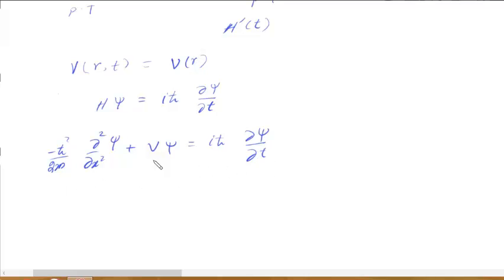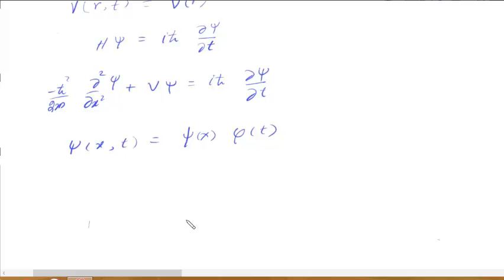Now for separation of variables, we consider the capital psi, which depends on both x and time, and we write it as small psi, which depends only on x, times phi, which depends only on time. First look here, this is the derivative with respect to time of the capital psi: psi of x is constant, and we take the derivative of phi with respect to t. Here the derivative is a complete derivative because phi depends only on time, whereas capital psi depends on x and t, so we write the partial derivative.